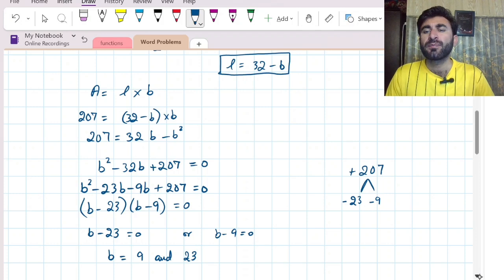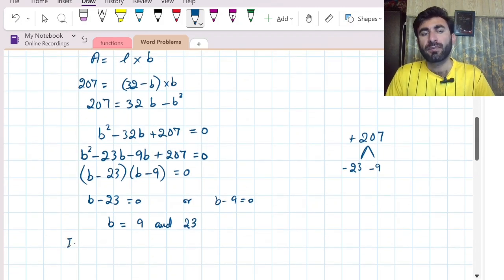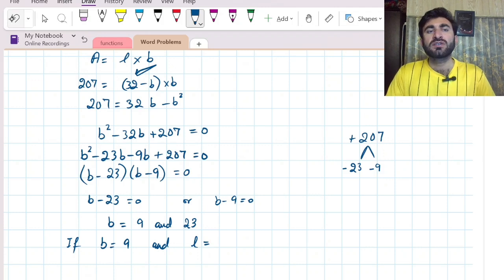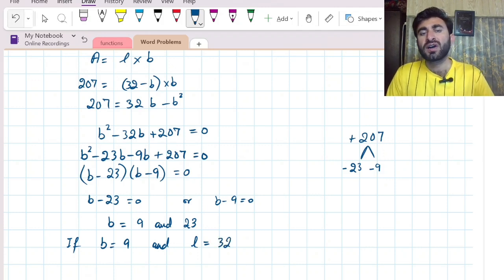So if b is 9, then what will be the length? Using the expression we figured out in the first step, length equals 32 minus 9. It implies its length should be 23. And if b is 23, then length will be 32 minus 23, which is eventually 9.